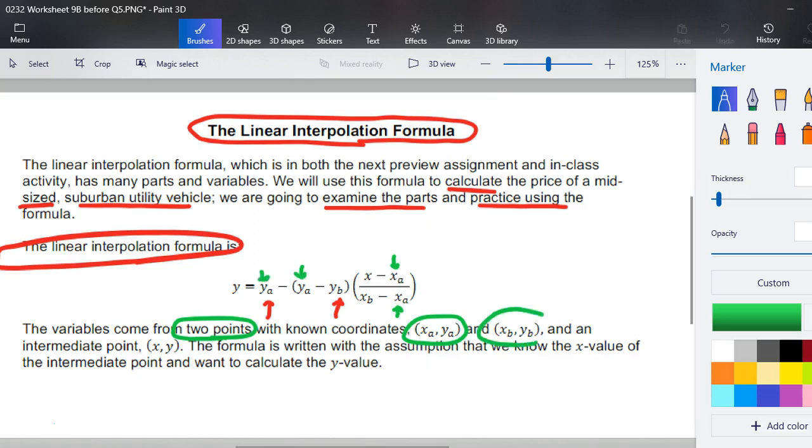There's a second point, x sub b and y sub b, which aren't in there as frequently, but they're in the formula. Then there's an intermediate or middle point, which is just called plain x, and the y out front. The formula is written with the assumption that we know the x value of the intermediate point and want to calculate the y value.